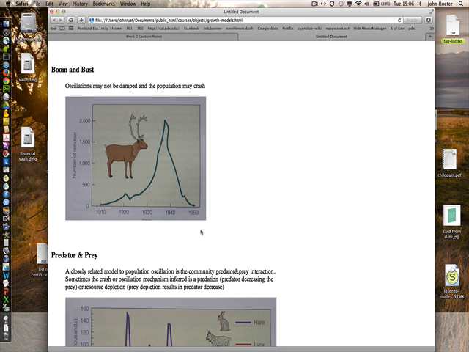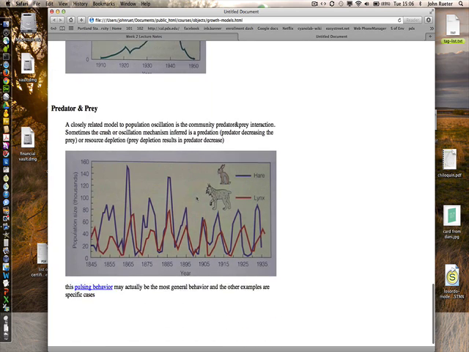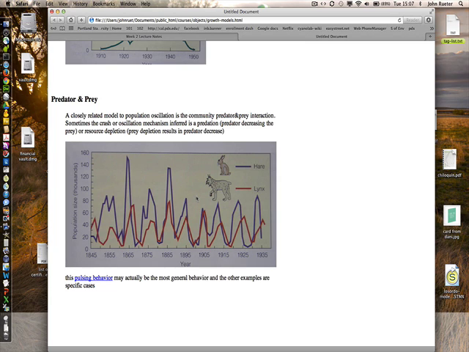This is an example from Pribilof Island, where reindeer were introduced to the island and they ate up all the forage. Once they ran out, there was a bunch of starving reindeer that got sick and died. So the crash was because the resources were depleted and just couldn't recover in time. A similar one is this predator-prey, where in this case the lynx eats the hare.